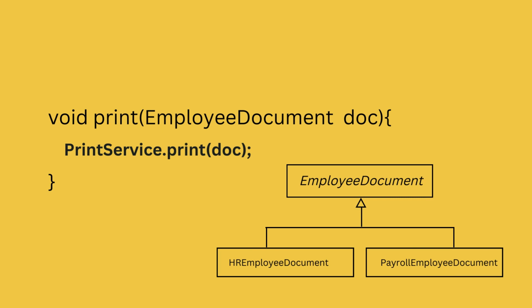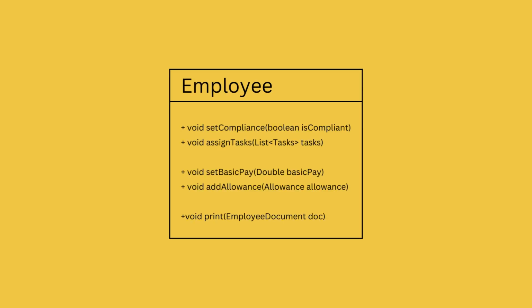The print method will be passed an instance of the HR employee document when it is called from the HR module, and it will be passed an instance of the payroll employee document if it is called from the payroll module.